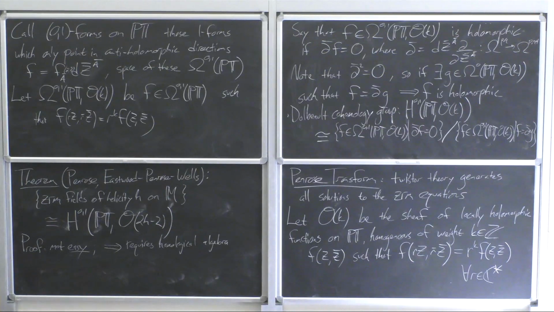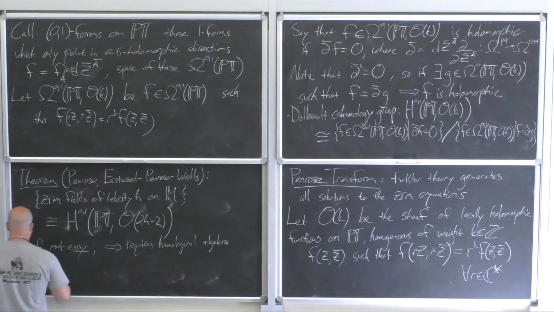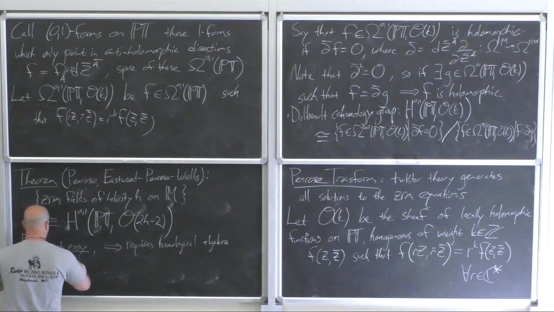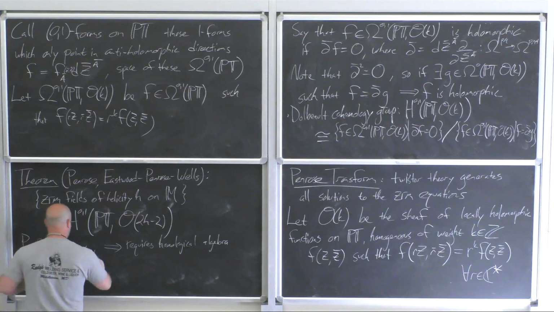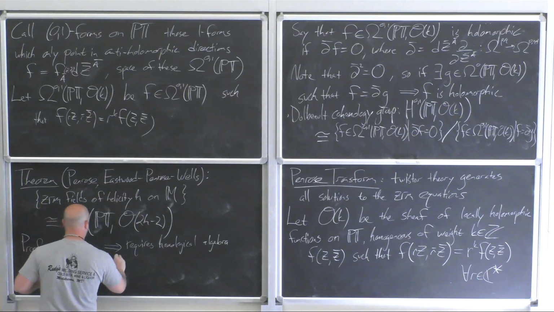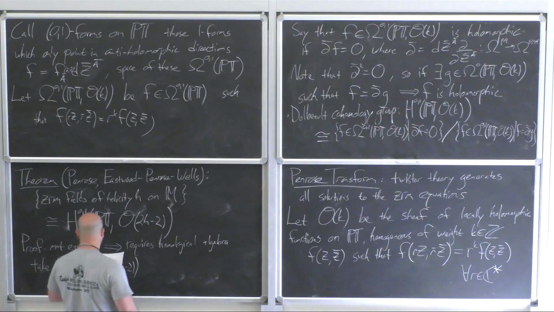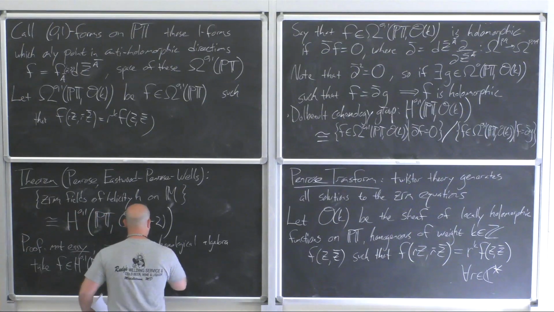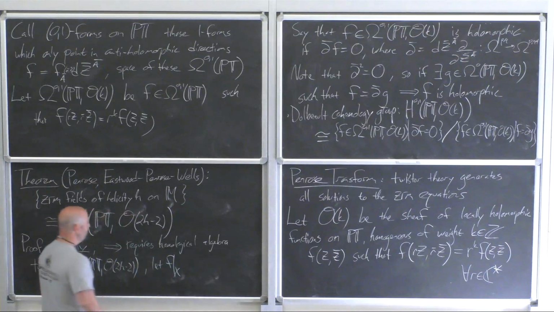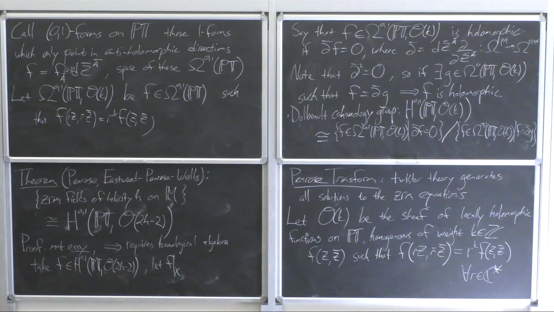But let's think about it the other way around. So let's take some F in this cohomology group, H01 of PT, O of 2H minus 2, and then let F restricted to X just denote the pullback of this 0, 1 form to the line in Twistor space corresponding to the point X in complexified Minkowski space, right?